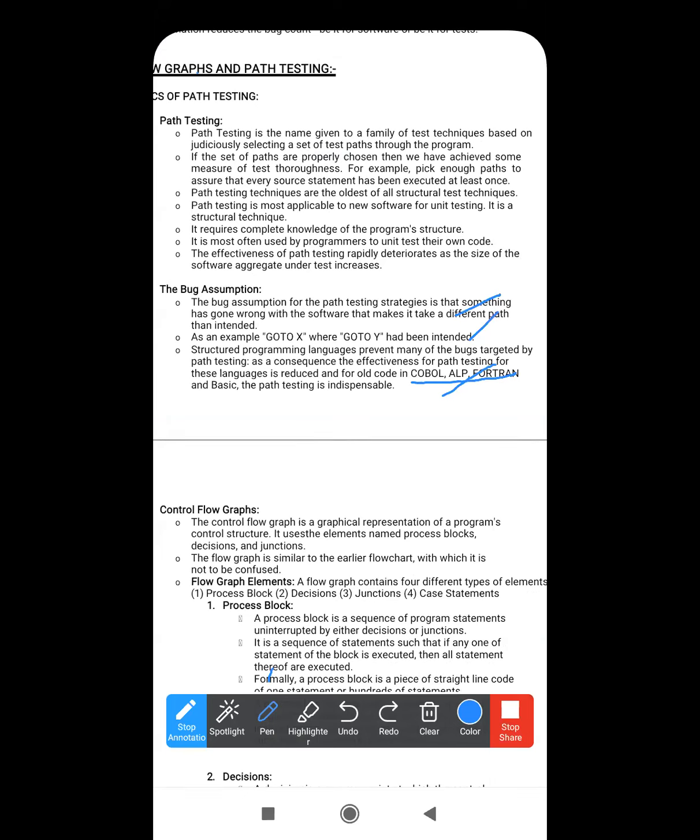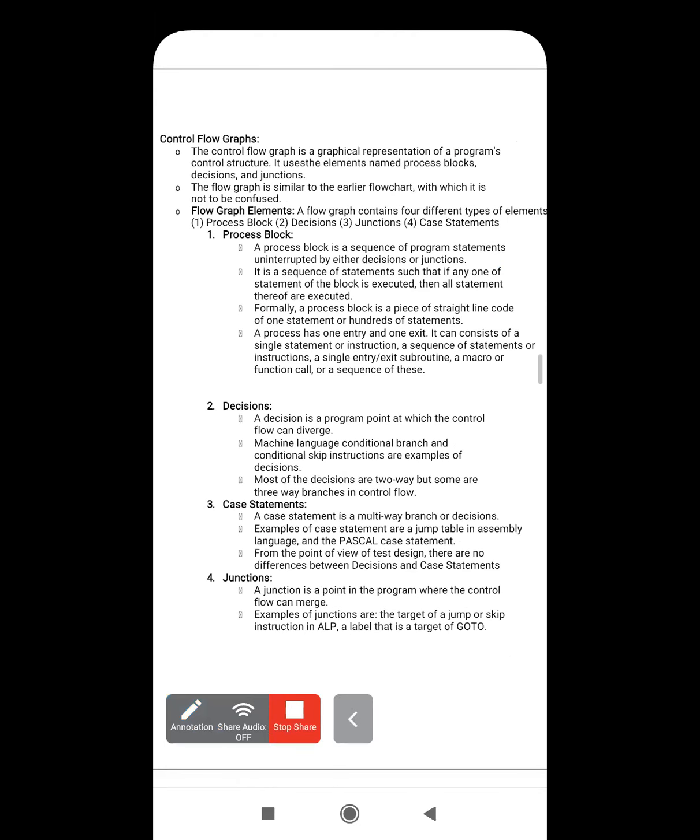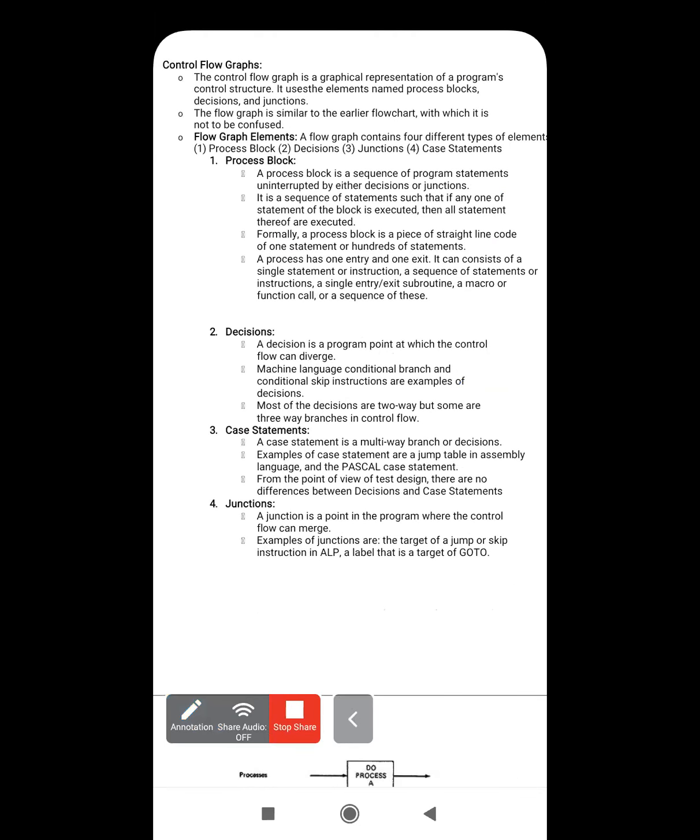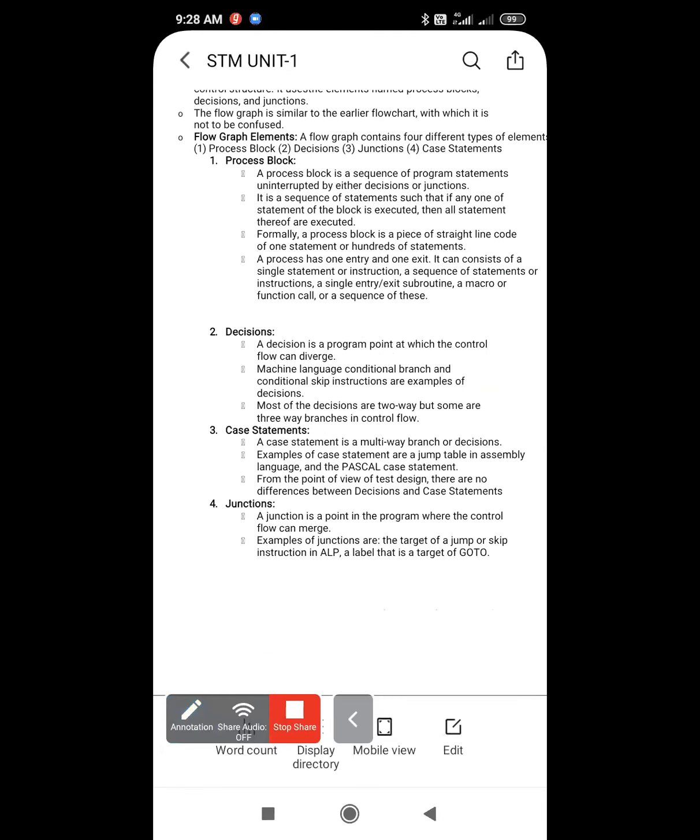Next, control flow graph. Here, what is the meaning of control flow graph? What is the meaning of flow chart? A flow chart is a graphical or pictorial representation.